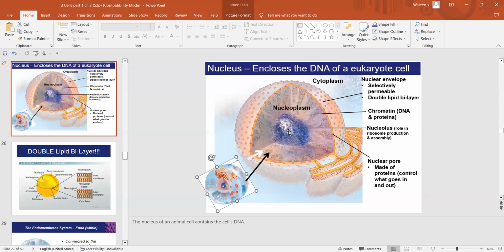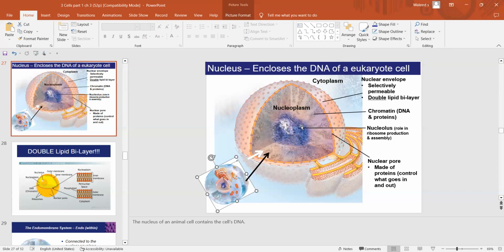This is where we make the ribosomes. And in between, in the nucleoplasm, this is where we store the DNA in eukaryotes. Remember, in the prokaryotes, we also have DNA, but it's not inside the nucleus like this. So this is where we have the DNA. So this is eukaryotes. Do you mean the DNA is just scattered all over right here? No, it's not scattered.